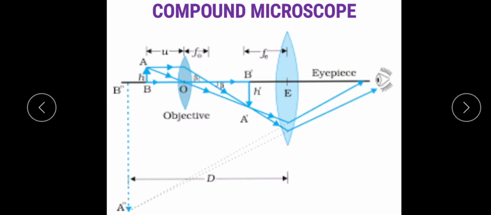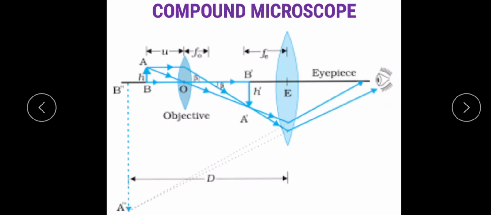See, A''B'' is the enlarged, virtual and erect image of A'B'. This final image A''B'' is seen by the eye held close to the eyepiece.